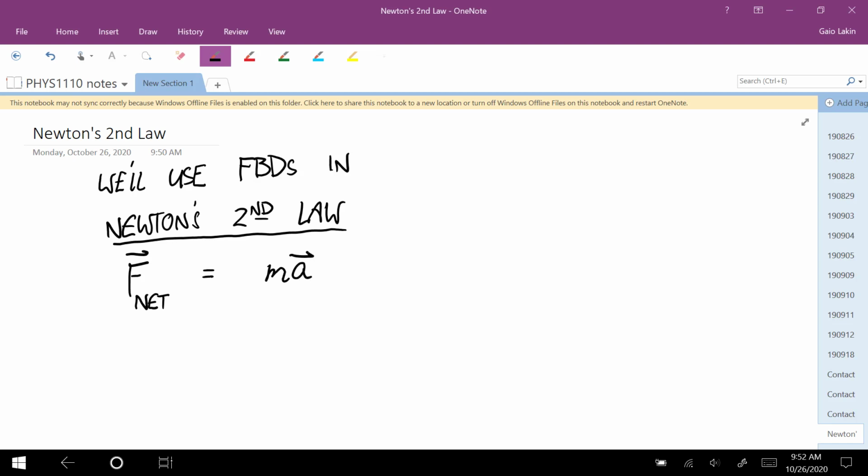And we have to be careful about what each of these things mean. So I'm going to define these really carefully. F net is the sum or the resultant of all the force vectors acting on the chosen object.